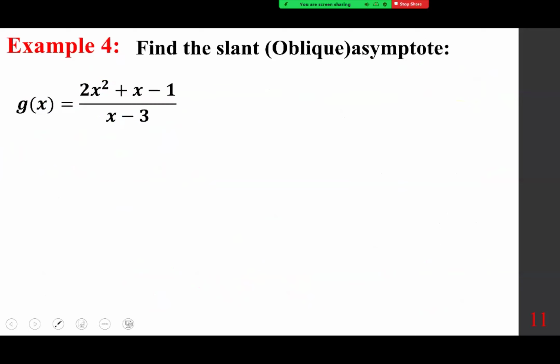We want to find a slant asymptote. That means we have to do long division. Because the denominator is x minus 3, we can also do synthetic division. Either way is fine. By the way, x equals 3 is the VA, they didn't ask. Okay, vertical asymptote. So do the division.